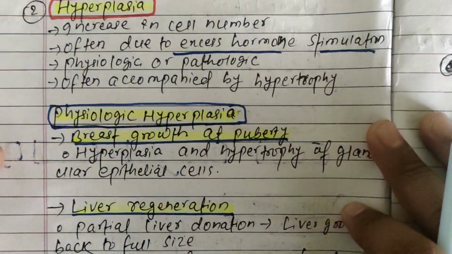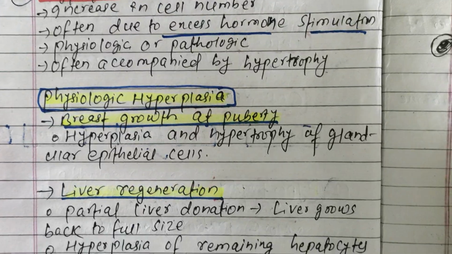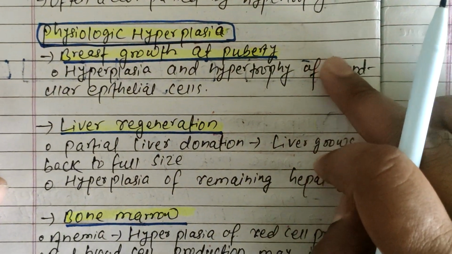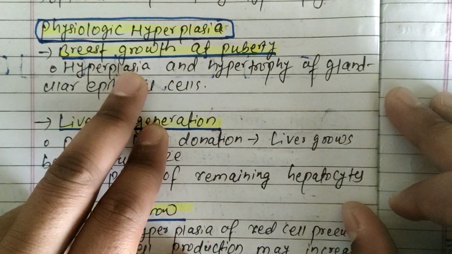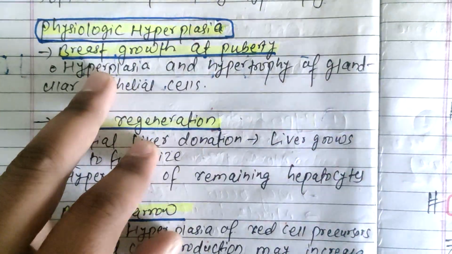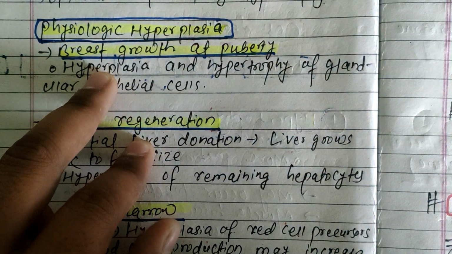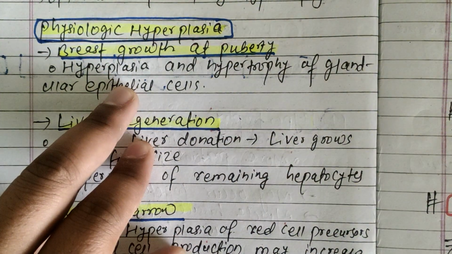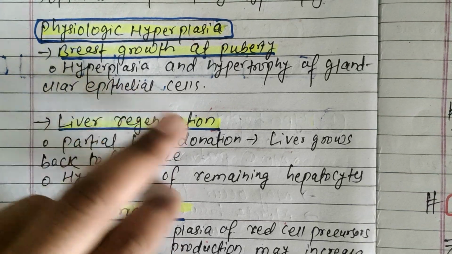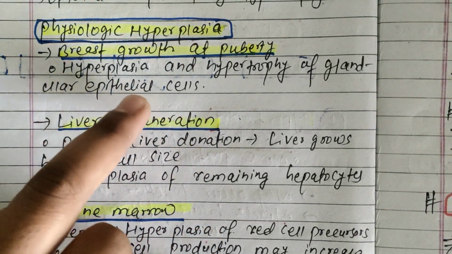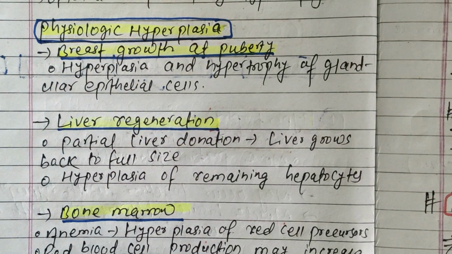Hyperplasia is also of two types, physiologic and pathologic. In physiologic hyperplasia, an example is breast growth at puberty. In puberty, breast growth takes place, and this is an example of hyperplasia. Hyperplasia and hypertrophy of the glandular epithelial cells occur in breast growth.